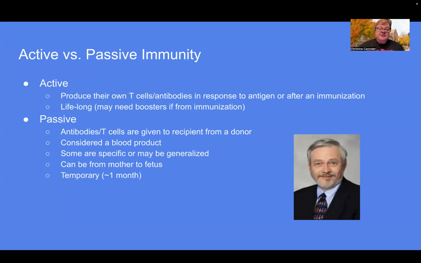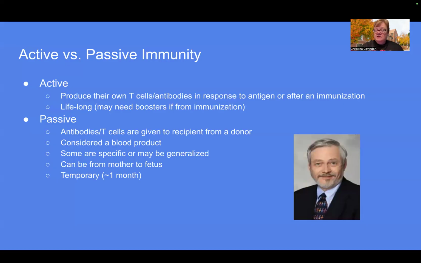Anyways, so we have active, and that's where we make our own T cells or antibodies in response to an antigen or after immunization. If we get the immunization, the antigen is there, but it's manipulated, so it doesn't cause us to be sick, but we still create the antibody or the T cells.